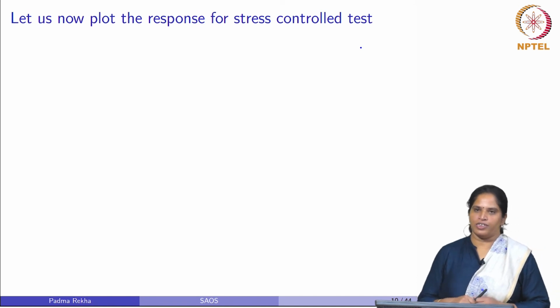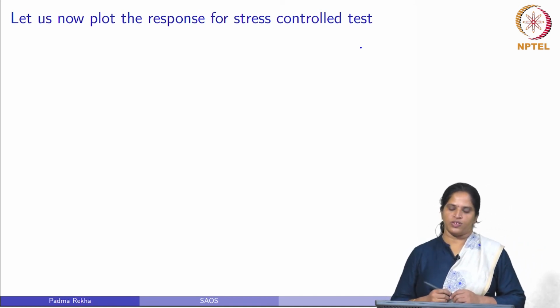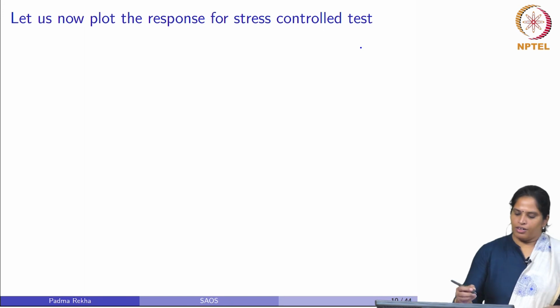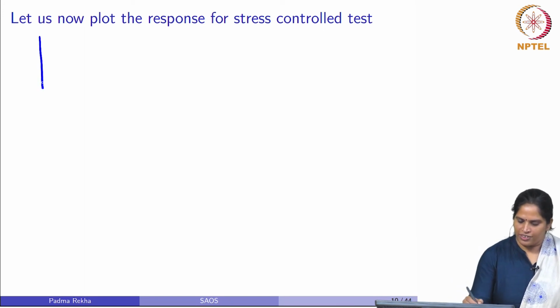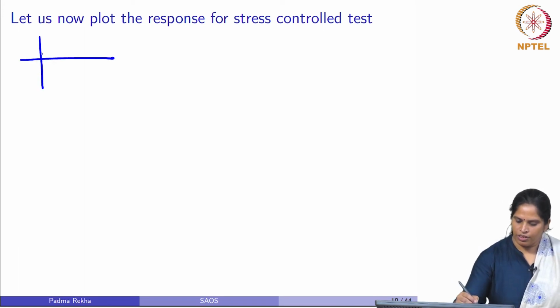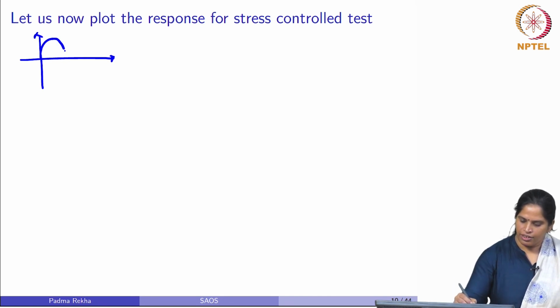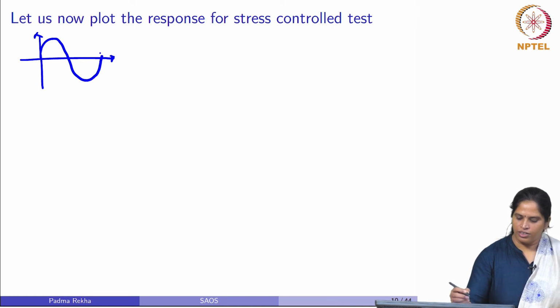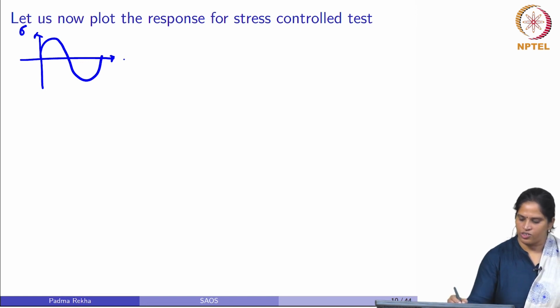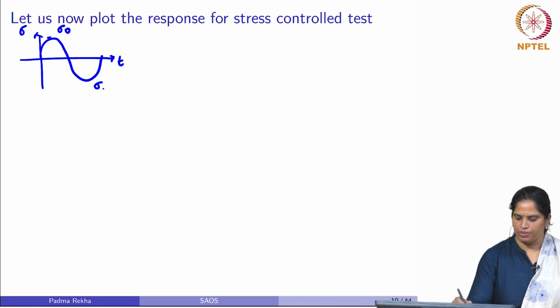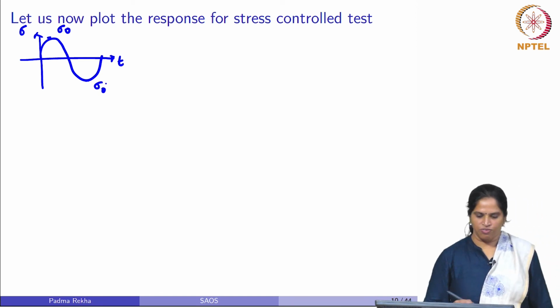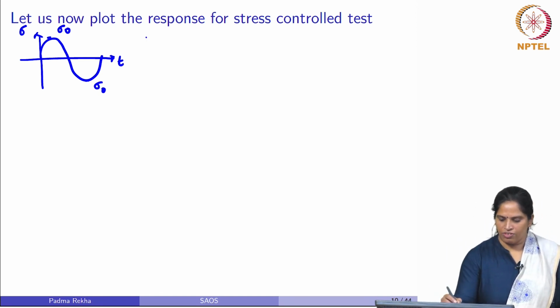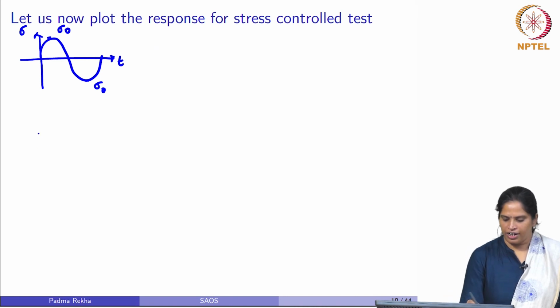So, let us plot the response of a stress control test. In a stress control test, let us subject the material to a sinusoidal stress. We will keep sigma naught to be the amplitude of the waveform, and omega to be the frequency.